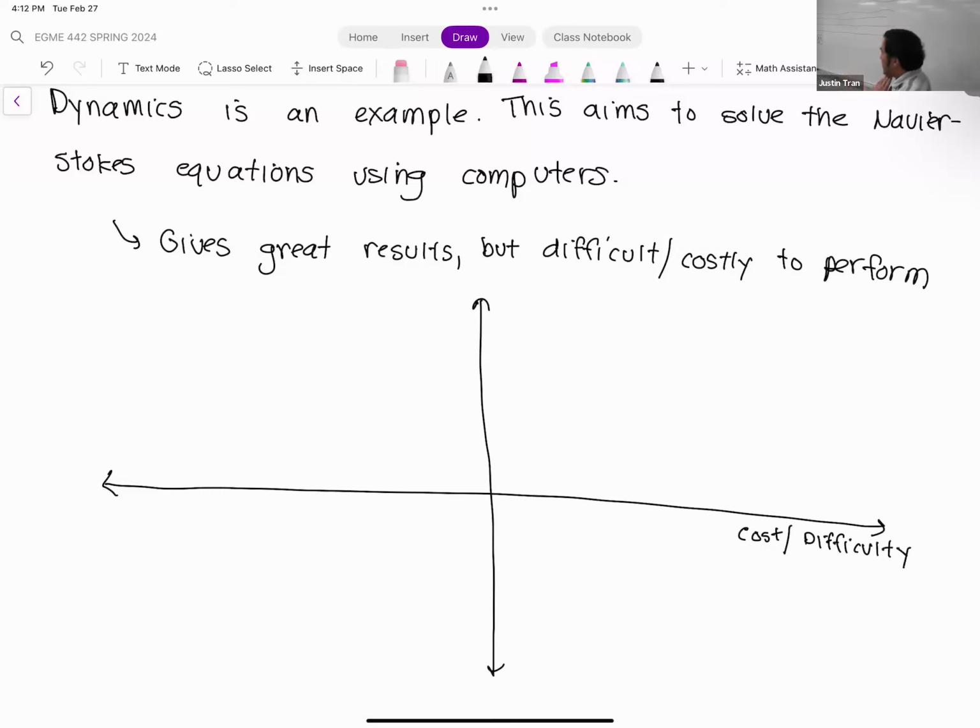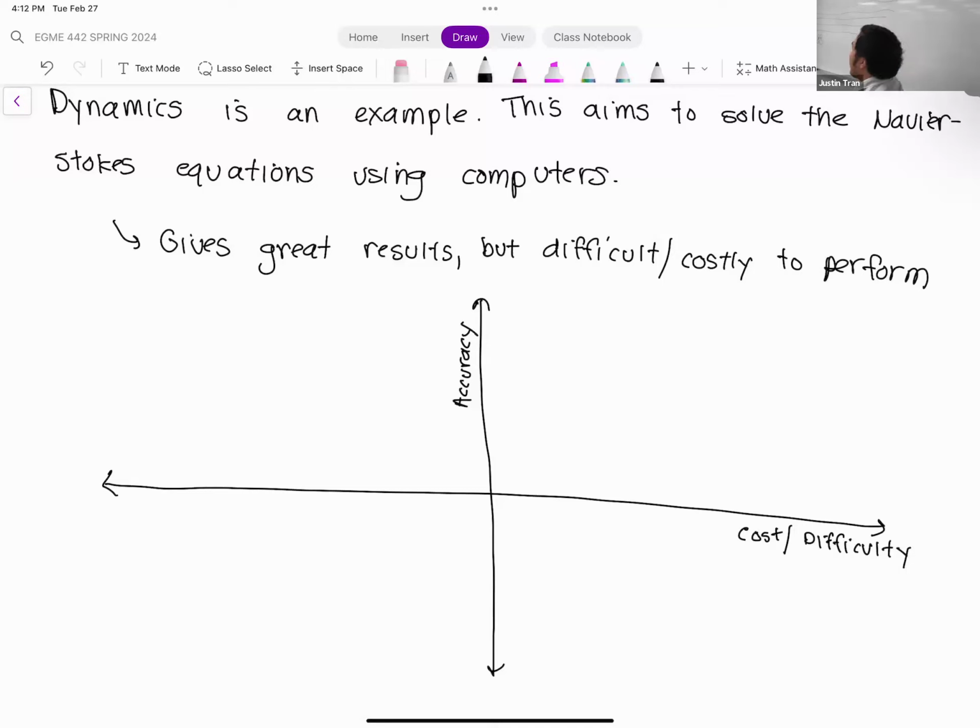And on the vertical axis, we have, let's call it accuracy or fidelity. We'll just say accuracy. I don't know why I drew negative axes. We're only going to use the top right. It doesn't make sense to have negative costs or negative accuracy.